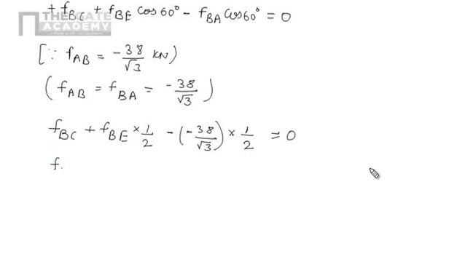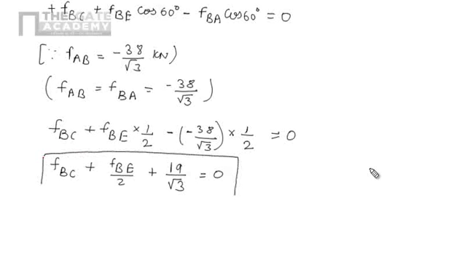So we have FBC plus FBE by 2 plus 19 by root 3 equals 0. This is the equation we get from our first condition.